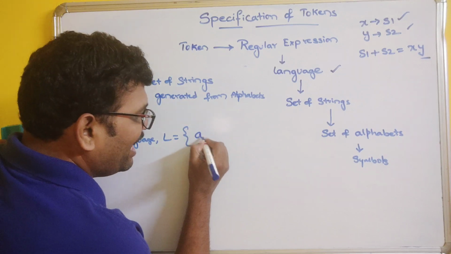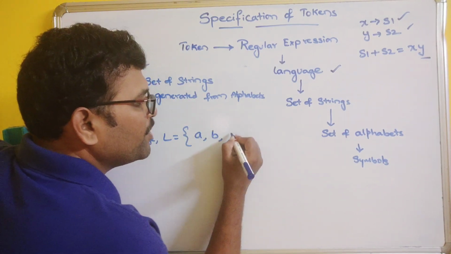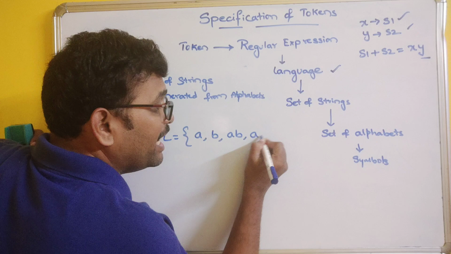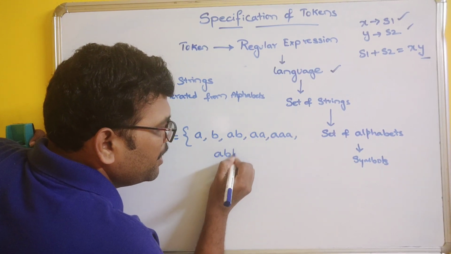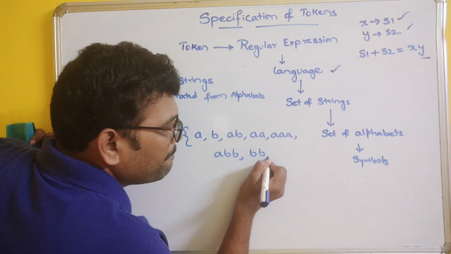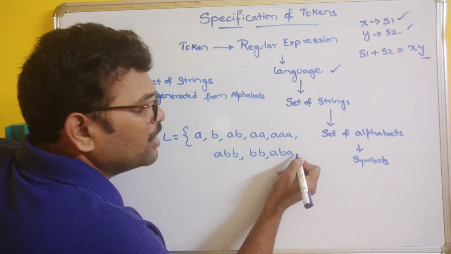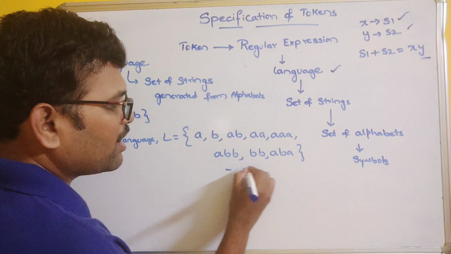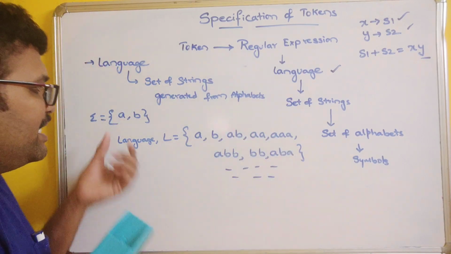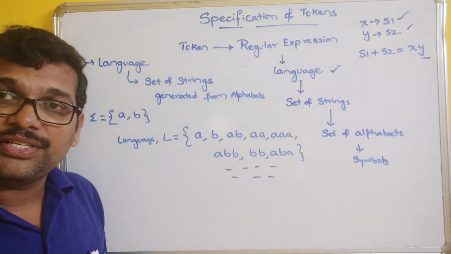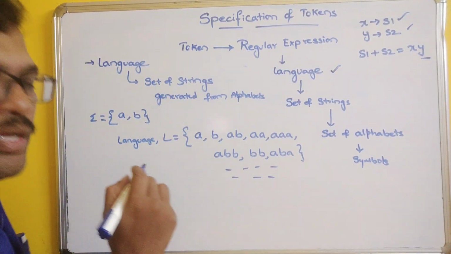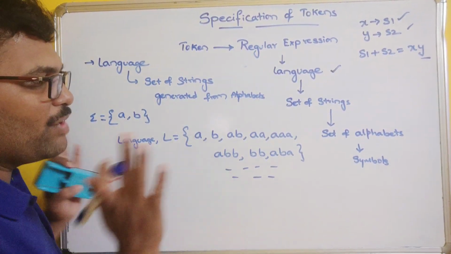That means A, B, AB, AA, AAA, ABB, BB, ABA. Whatever strings we generate from these alphabets, everything comes under the language.